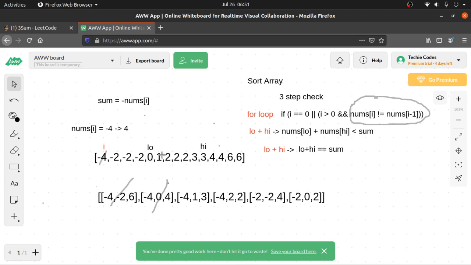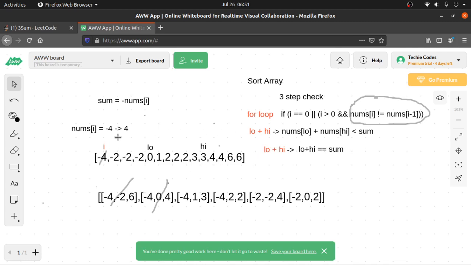So if nums of low plus nums of high is less than sum, then what are we doing? We are looking for a higher number. If nums of low plus nums of high is greater than sum, we are looking for a smaller number.